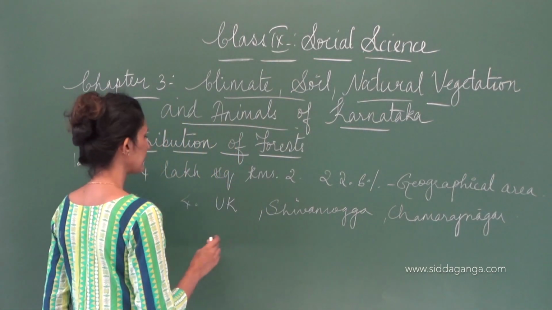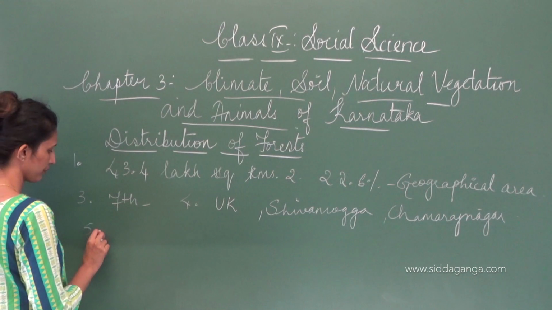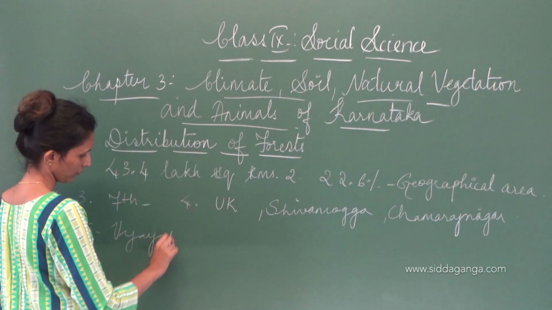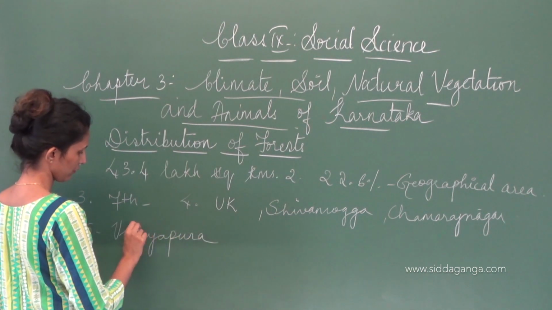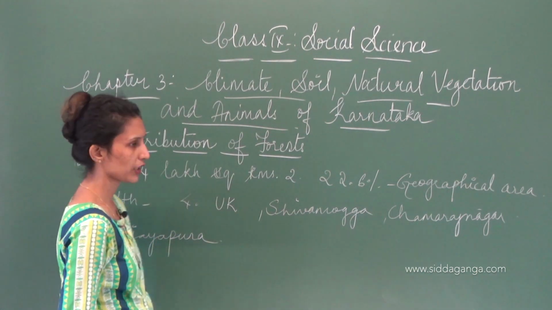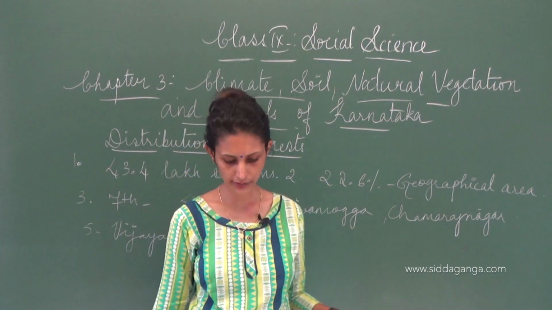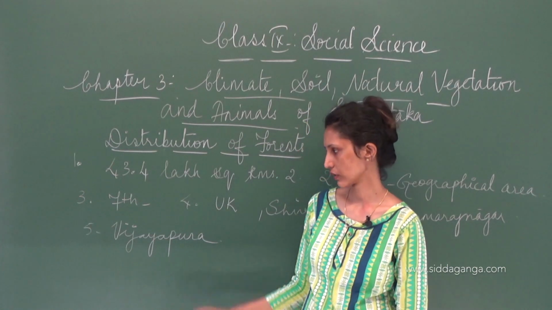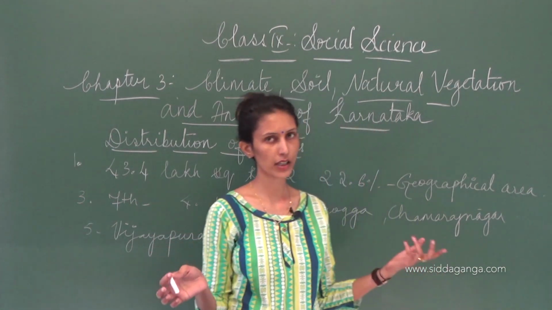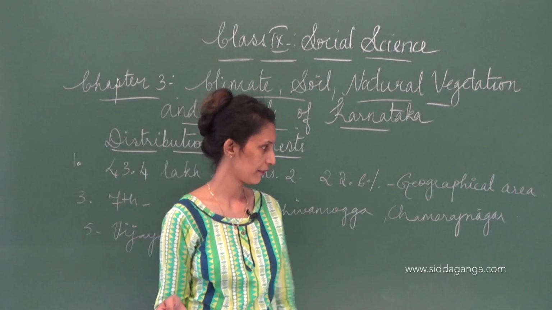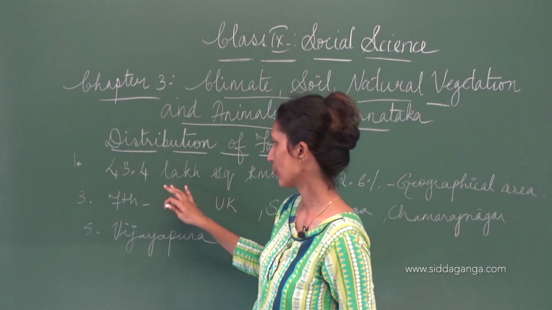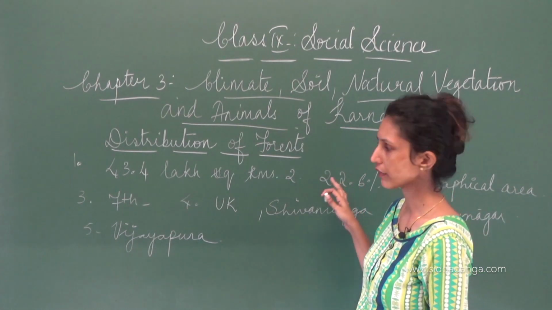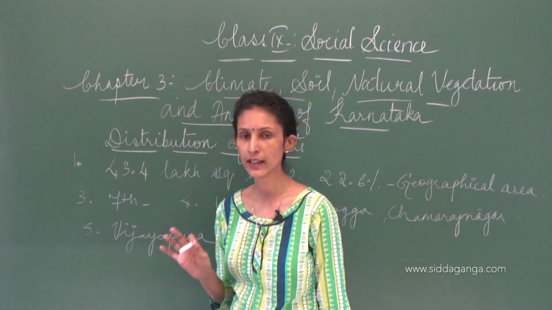Vijayapura has the least amount of forest area. So we have 43.4 lakh square kilometers, that amounts to 22.6% of the geographical area, and we stand 7th place in the country.